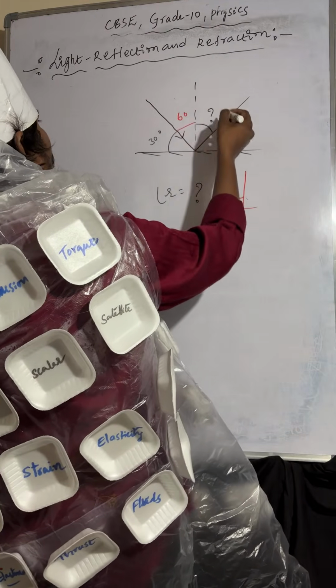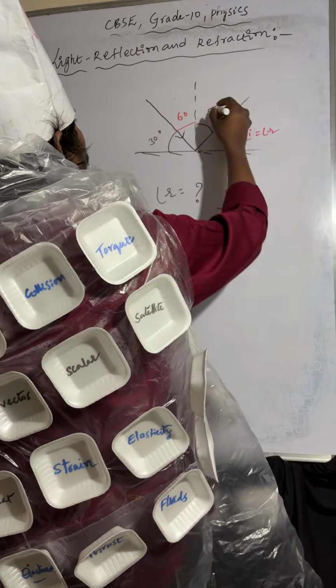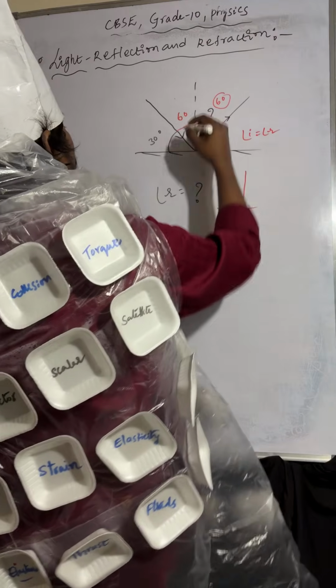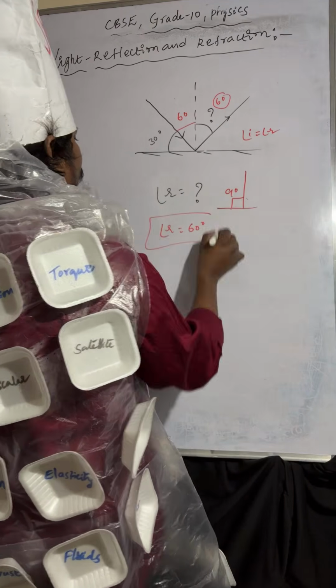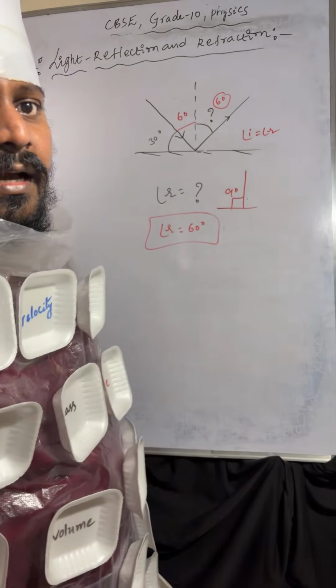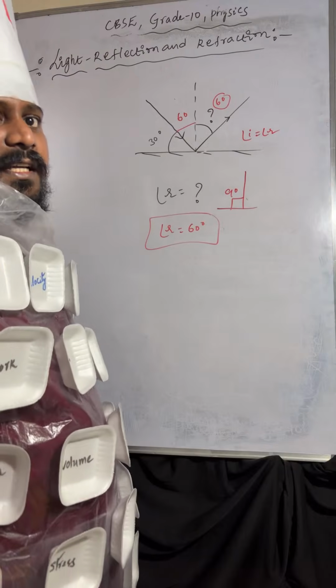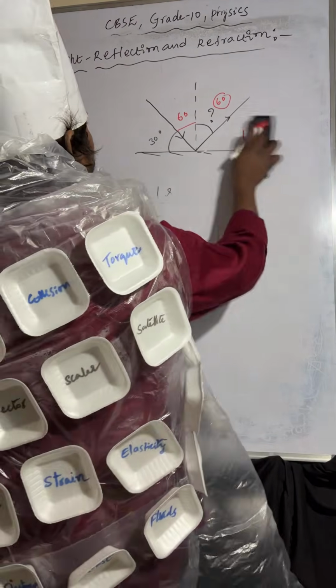This is 60, and the angle of incidence is equal to the angle of reflection, so this is also 60. So the final angle of reflection is 60 degrees. Very good. Next one.